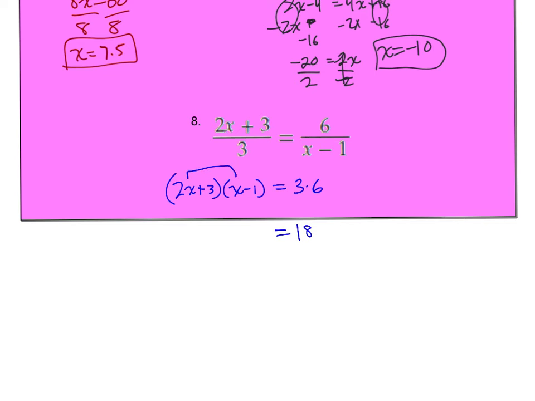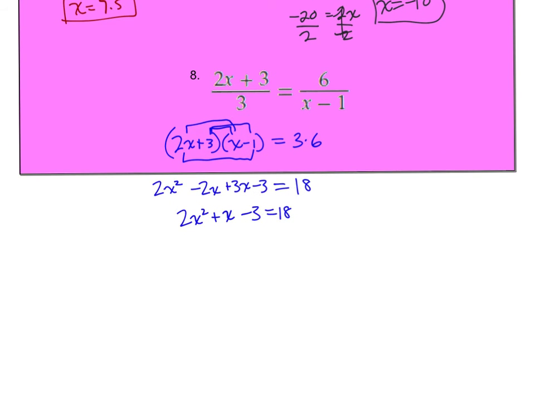So you go 2x times x, which is 2x squared, 2x times a negative 1, which is minus 2x, 3 times x, which is 3x, 3 times negative 1, which is negative 3. So that's 2x squared plus x minus 3 equals 18.